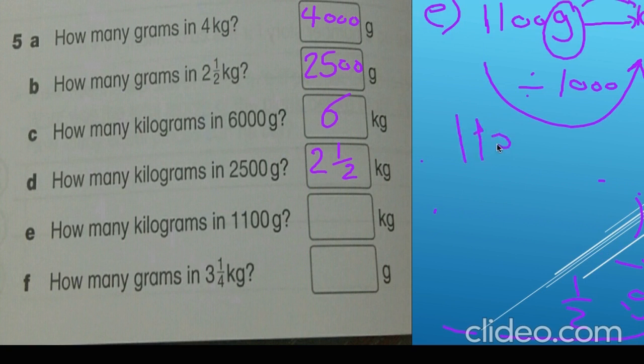Now, let's remember together the decimals. We can remove this 0 with this 0, this 0 with this 0. What remains? 11 over 10. Now, let's remember our last unit decimals. 1,100 over 1,000 equals, good, 1.1. 1.1 kilograms. So the answer here will be 1.1.